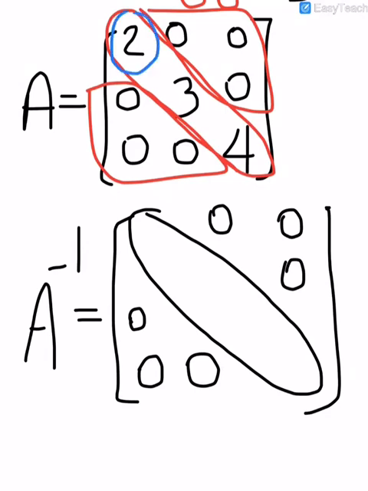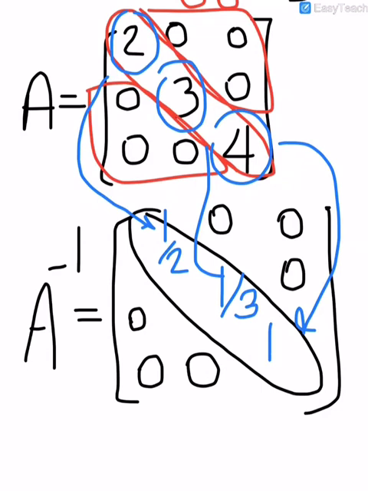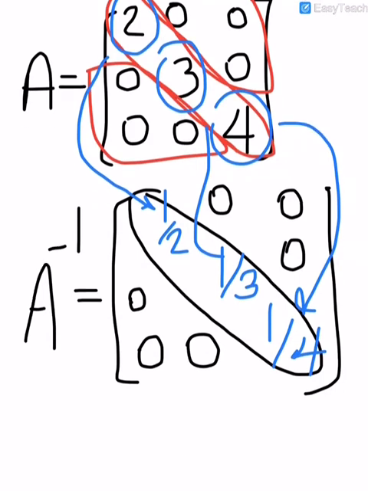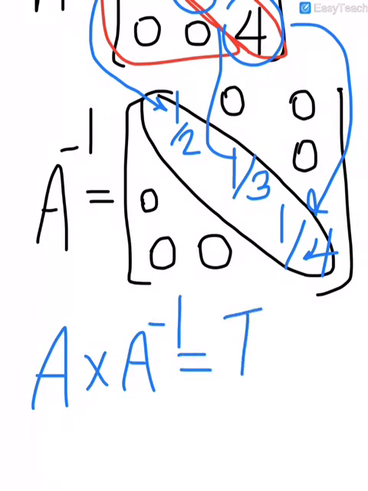Here is 2, you invert it, write 1 over 2. Here we have 3, you invert it, write 1 over 3. And this one is 4, you write 1 over 4. It's very cool. Just try this one at home again. Prove that for this matrix, A times A minus 1 is again I3. Prove this one at home. Okay? Cool.